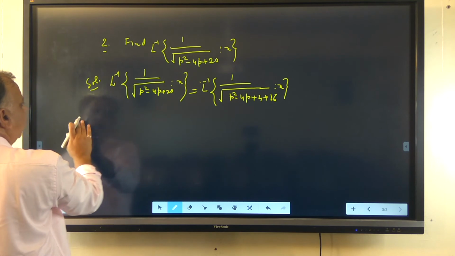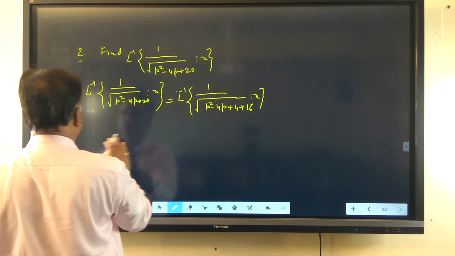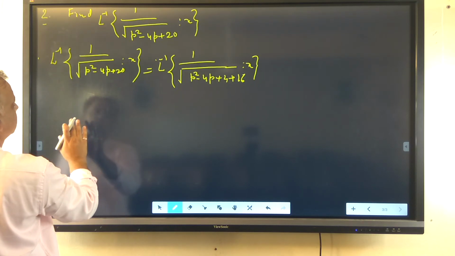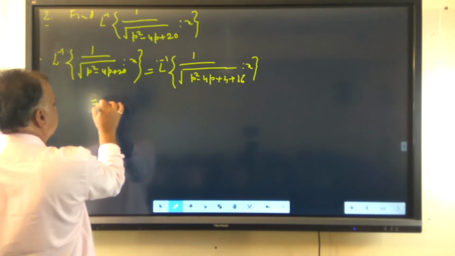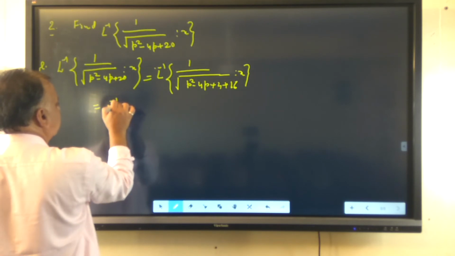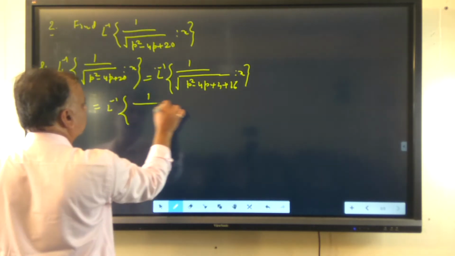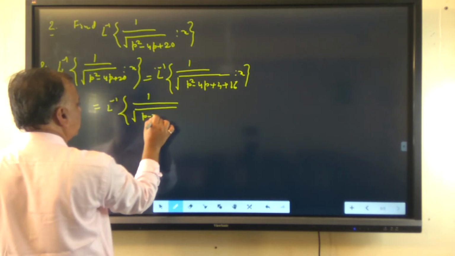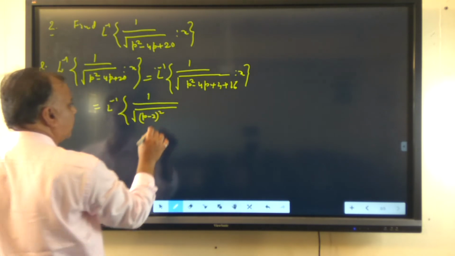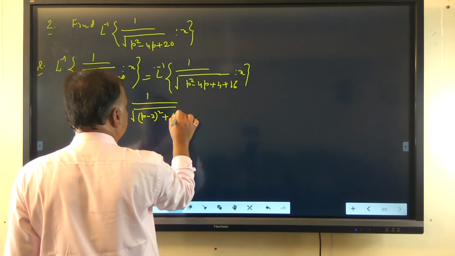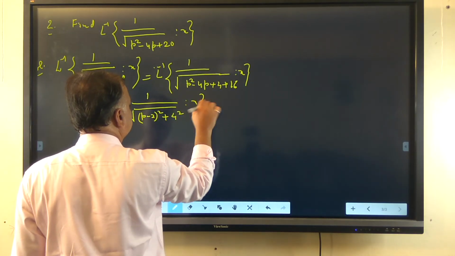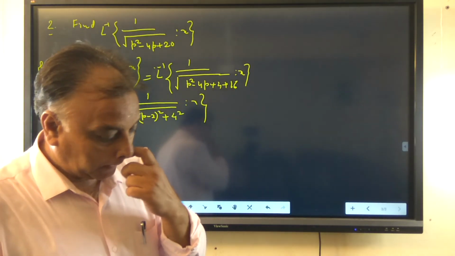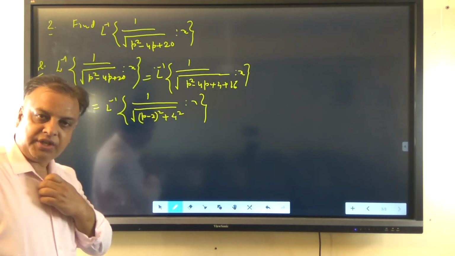Or we can write this as the inverse Laplace transformation of 1 upon under root of (p − 2)² + 4² with respect to x, where 4² is 16.